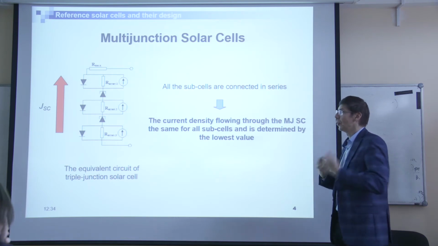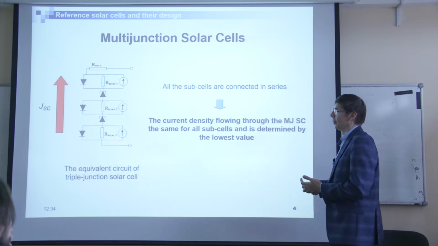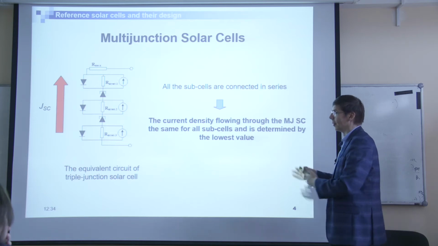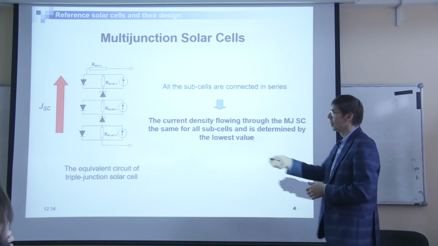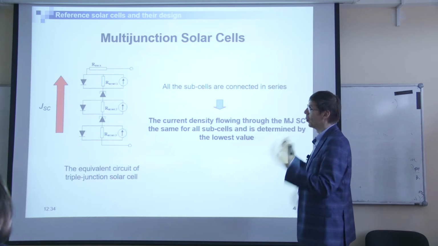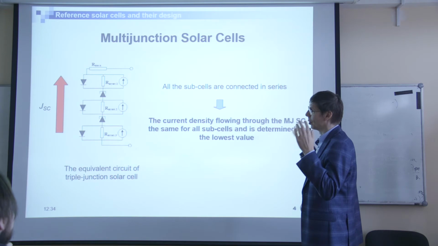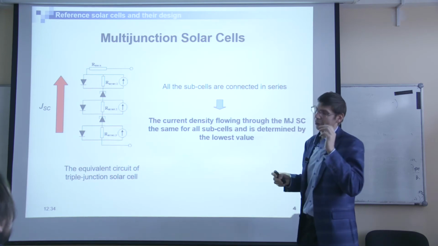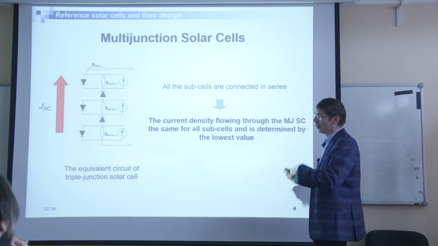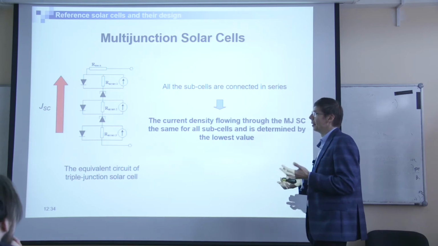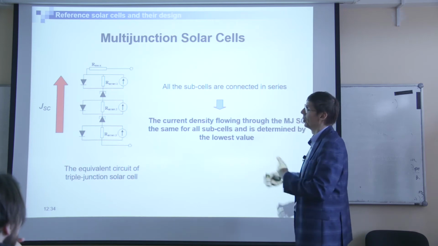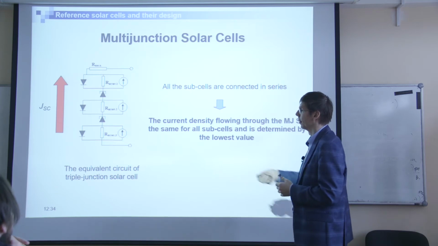But if for some reason your solar simulator does not provide exactly the same spectrum, and there is some difference in some range, for example, let's say the simplest case, as I told you, you have some simulator in the range of, for example, 300 to 1100 nanometers, for example using LED, and you try to measure the IV curve of a triple junction solar cell based on germanium substrate.